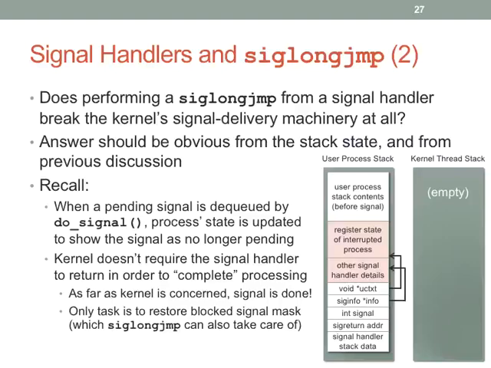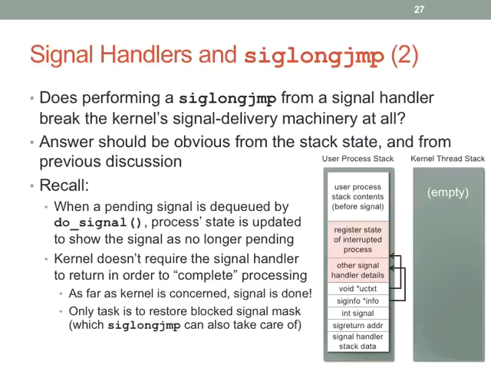So like I say here, the kernel doesn't require the signal handler to return in order to complete the processing. The signal delivery is finished when it jumps to the user process's signal handler. The only real reason why it goes back is to restore the interrupted process's context and do a few other things.